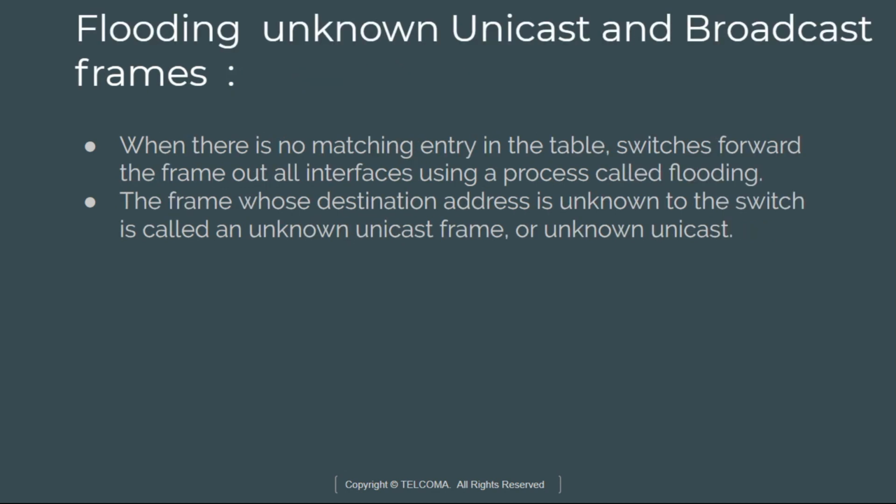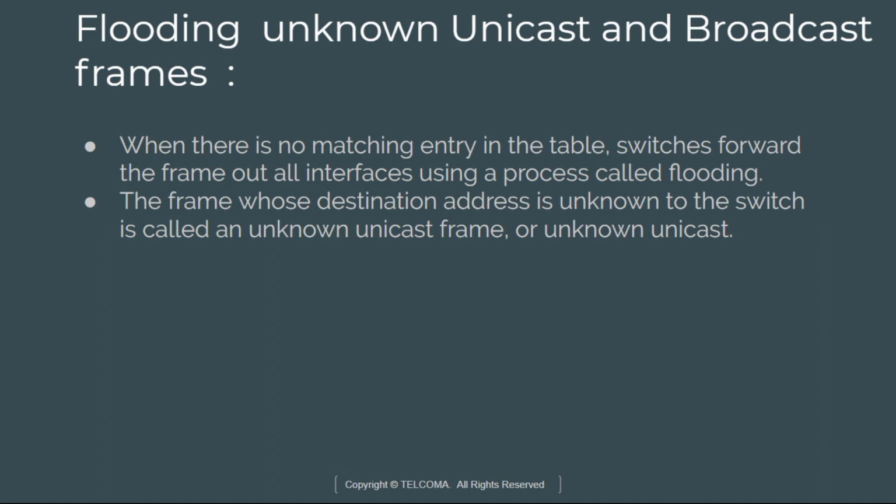Flooding unknown unicast and broadcast frames. When there is no matching entry in the table, switches forward the frames out all interfaces using a process which is known as flooding. The frame whose destination address is unknown to the switch is called an unknown unicast frame, or unknown unicast. Switches flood unknown unicast frames.